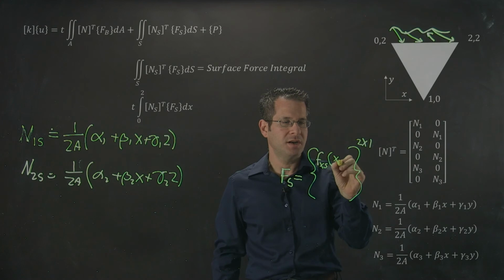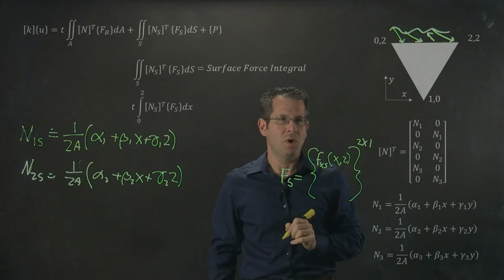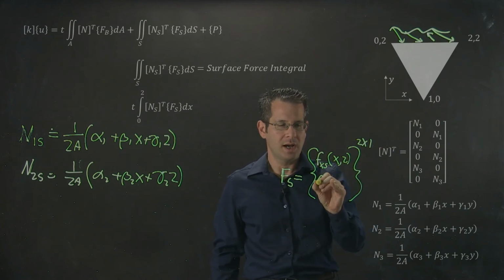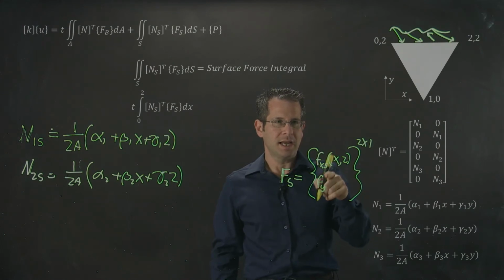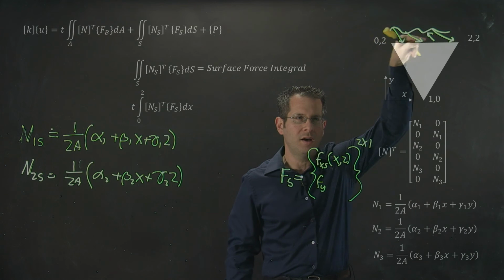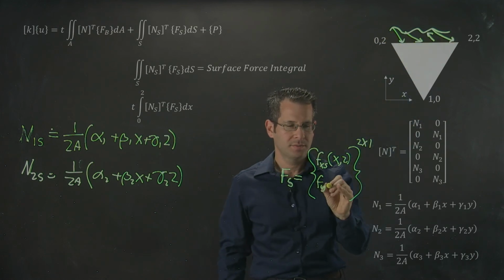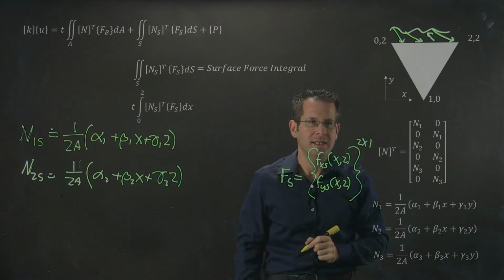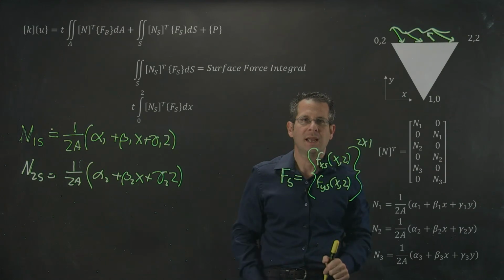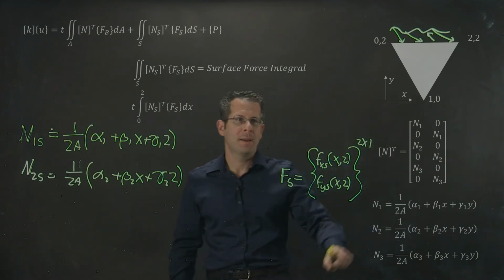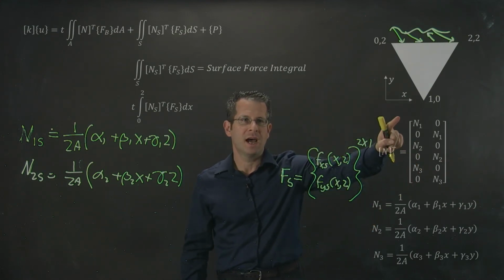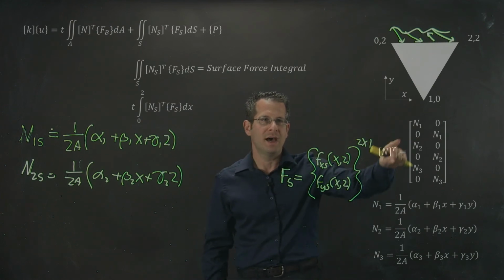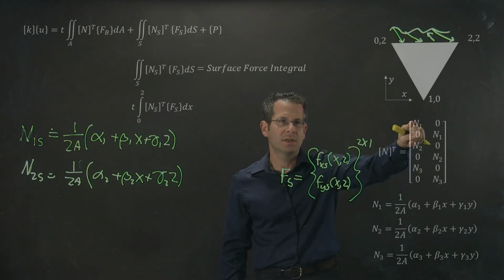It is a function of x, and in this case, I know y is equal to 2. Likewise, the second member of this matrix is the y component of my surface force. It is also a function of x, and in this case, I know y is equal to 2. I will do the same thing. I will multiply it by this matrix, and I will get the same result, that I will end up with a force.